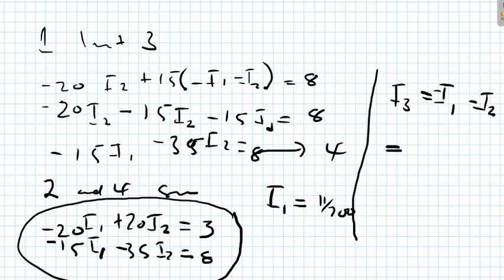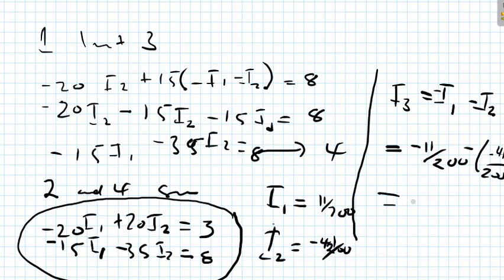By the way, if we find I1, it also gives us I2 to be equal to minus 41 over 200. So minus 11 over 200 minus minus 41 over 200, and we find that our I3 will be 3 over 20.